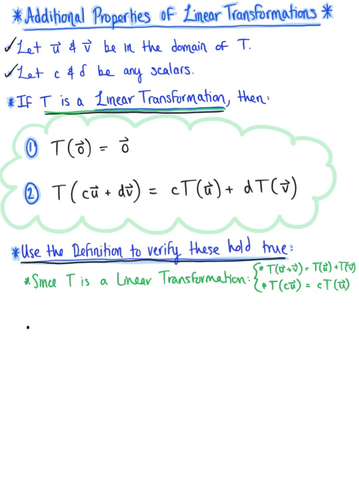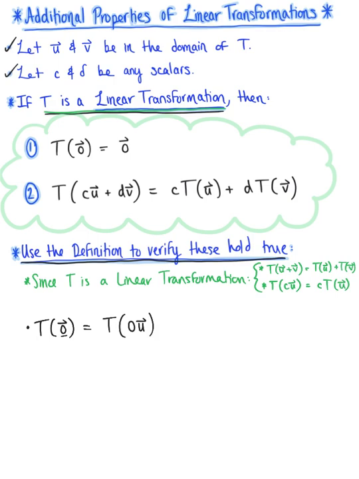For property number 1, we have the image of the 0 vector under the action of T. By properties of vector multiplication, we know that we can rewrite this as the image of a scalar multiple, specifically 0 multiplied by vector u. We know that that's equal to the 0 vector.